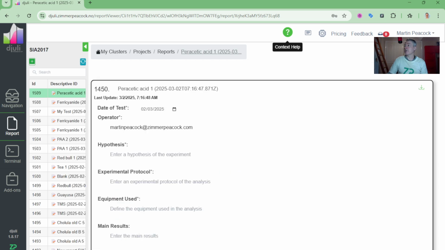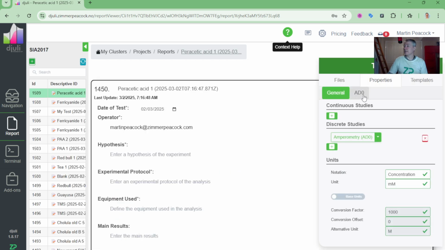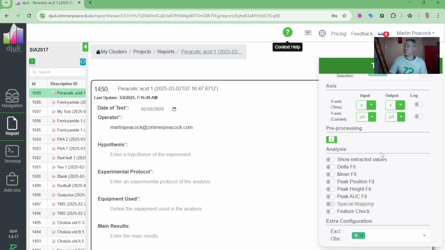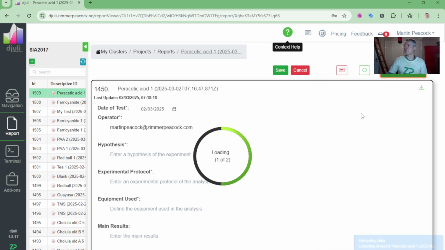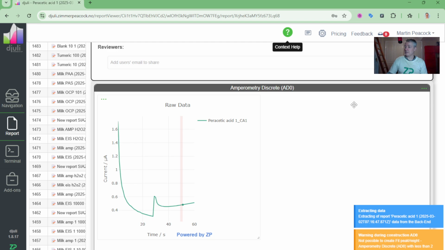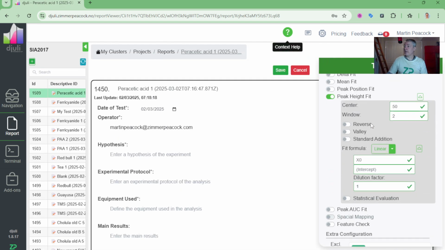I can even go in there and do some, let's find the peak height. Let's find that peak height at about 50 seconds. Just have a quick look at what that looks like. There we are. So I found the peak height there. I could even then say, okay, now I've calibrated my system.